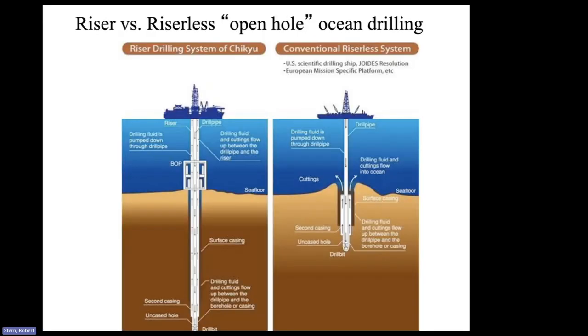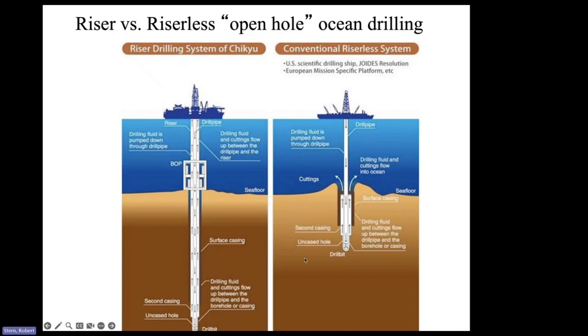So what we can see is, let's talk about riserless drilling. So this is a riser. So the riser is basically another tube that the drill string goes through that basically allows the ship and the drillers to control the drilling environment all the way from the ship down in the drill hole.